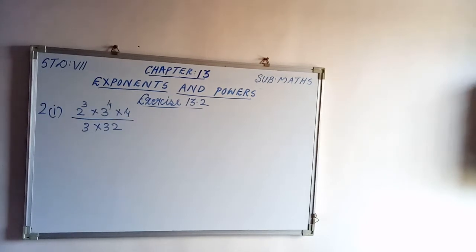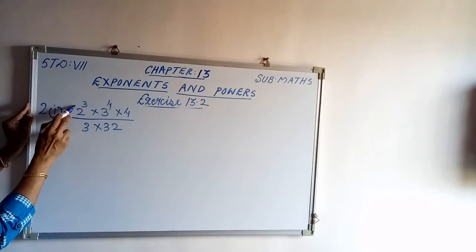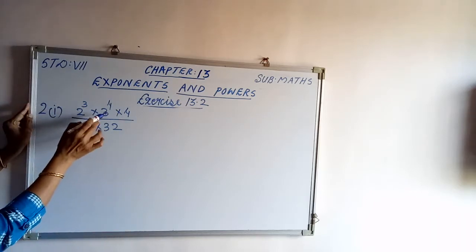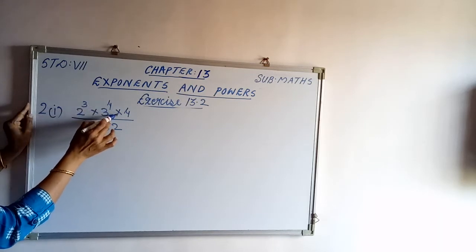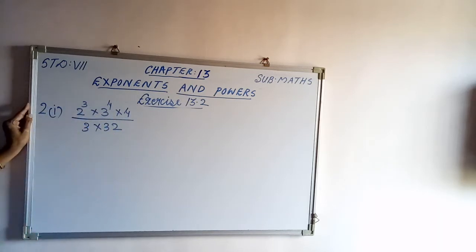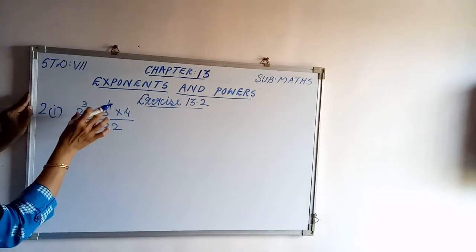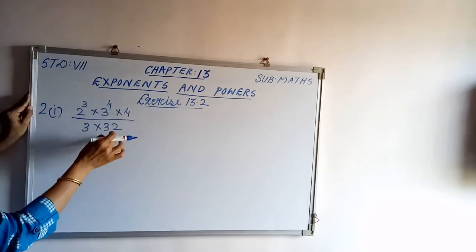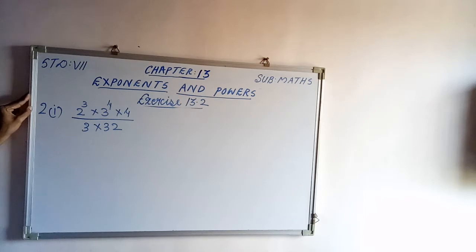Second one. Simplify and express each of the following in exponential form. Here you have to simplify and express that in exponential form. Now how to do this? Here 2 raised to the power 3 or 2 cube multiplied by 3 raised to the power 4 multiplied by 4, divided by 3 multiplied by 32. So some are given in the exponential form, some numbers are not.